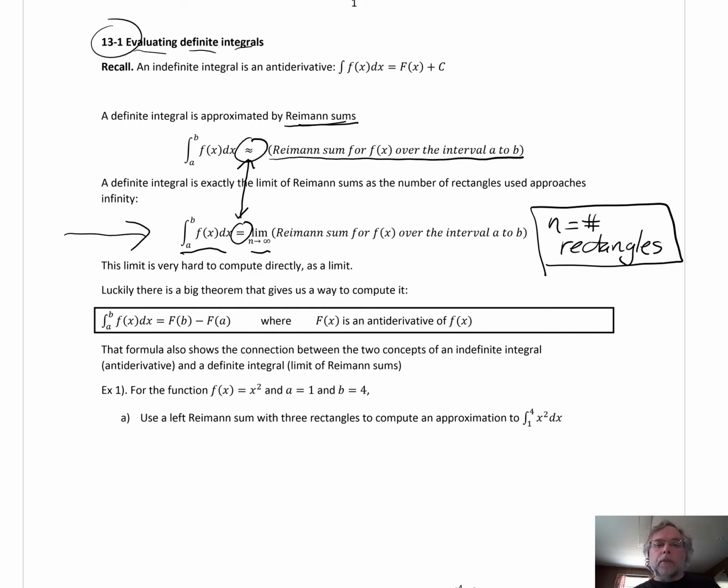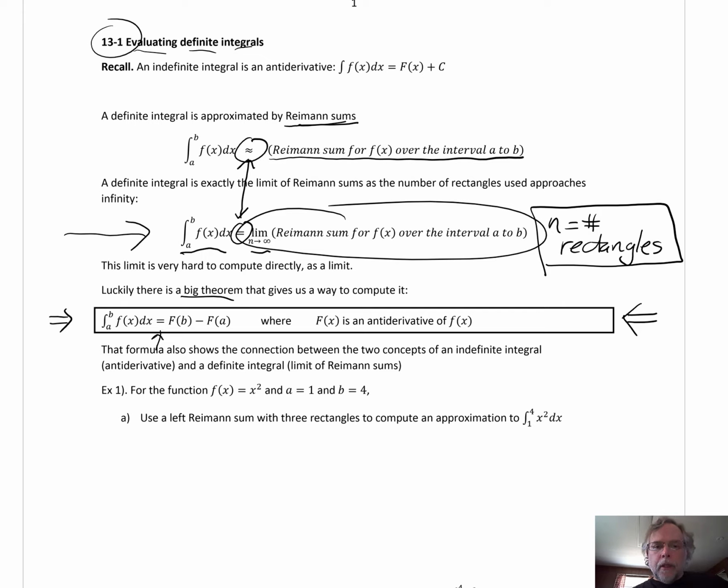That limit is generally, depending on the function involved, quite hard to compute directly. But we can avoid doing that because there is a very important theorem in math about the definite integral and how to calculate its value exactly, avoiding calculating this hard-to-do limit.